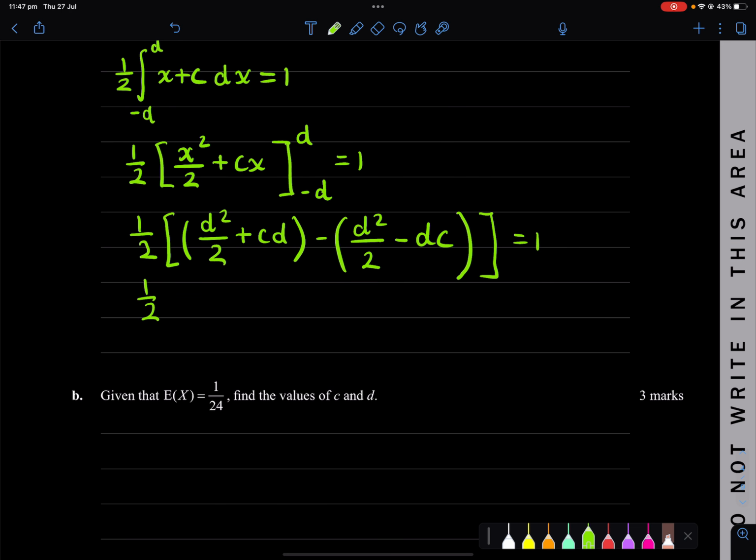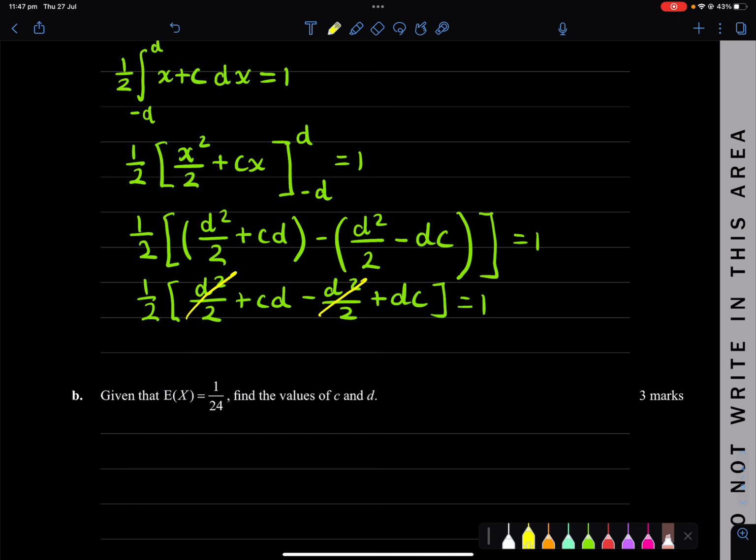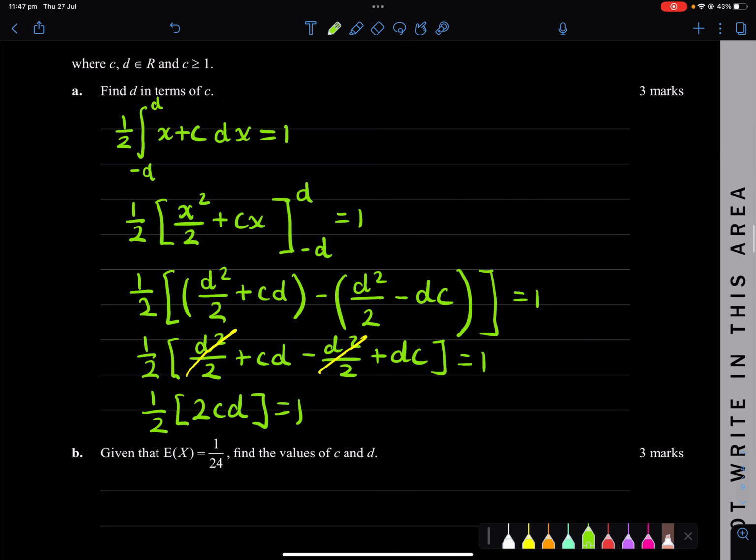So we can say a half of that is equal to d squared over 2 plus cd minus d squared over 2 plus dc is equal to 1. These cancel out, by the way. These two cancel out, which leaves us with half of cd plus cd, which is 2cd, equal to 1, which is therefore cd equal to 1.